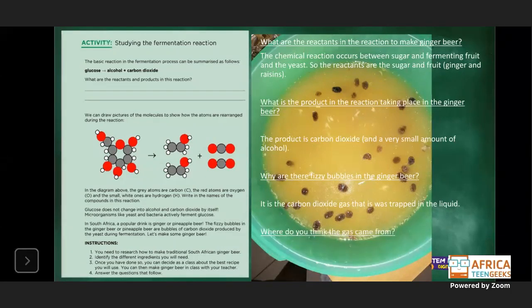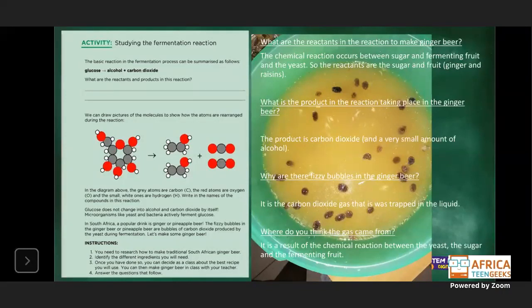Okay, then the last question, where do you think the gas comes from? So remember the gas is carbon dioxide that we are referring to, or rather that is forming. And yes, guys, the gas is a result of the chemical reaction between the yeast, the sugar, as well as the fermenting fruit.